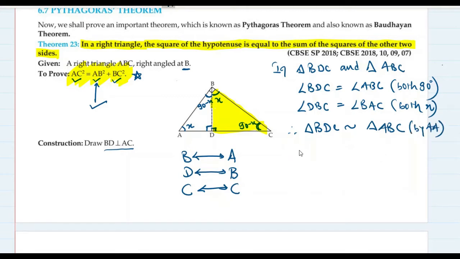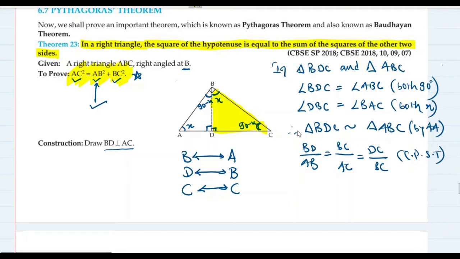Now again I'm going to write the ratio of proportional sides which are equal to each other. So BD upon AB is equal to BC upon AC is equal to DC upon BC. Now you tell yourself which two ratios out of these three we are going to select to get closer to our proof.